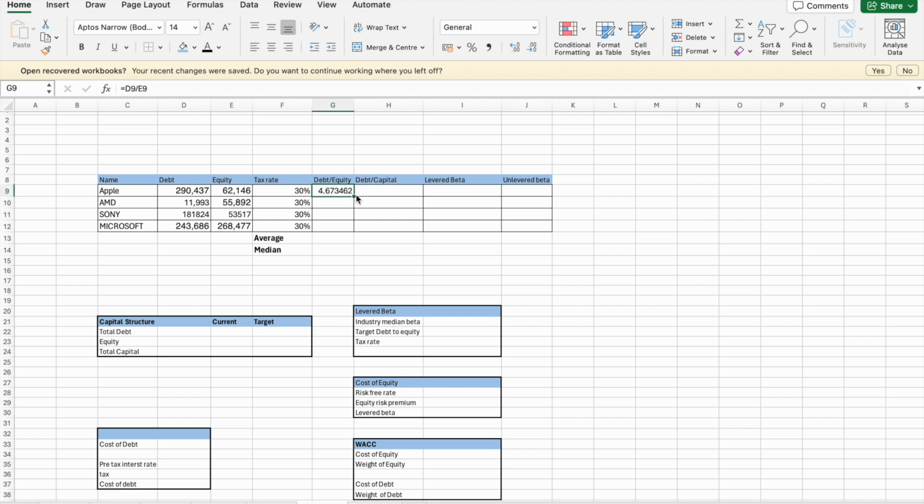I will just double click it to get my result. I'll cut the bottom two cells because they're not included in the table. Debt to capital should be debt divided by the debt plus the equity, total capital. So simply it would be this, and just double click it. That's it, we got our result here.